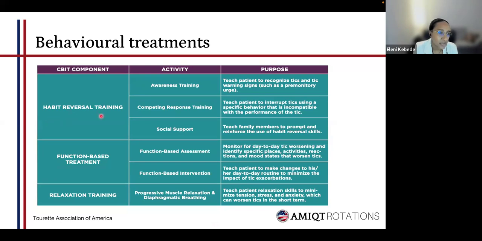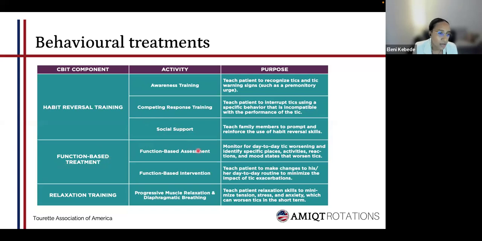We've got habit reversal training, where we train them to be aware of their urges as well as recognizing tics. And then we have to train them in competing response training, which is training them to interrupt these tics by doing a specific behavior that is incompatible with the tic. And social support is a big part of this training.